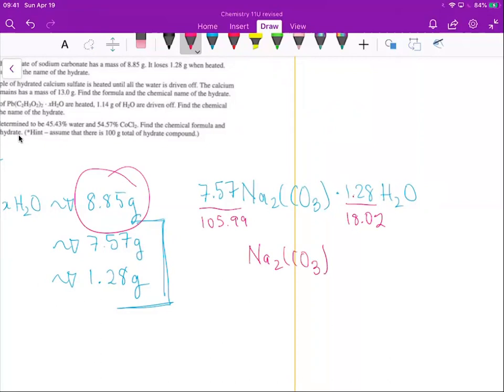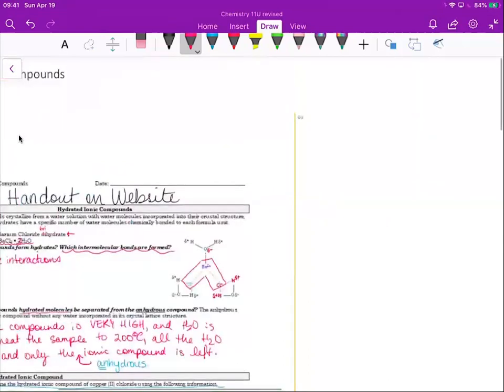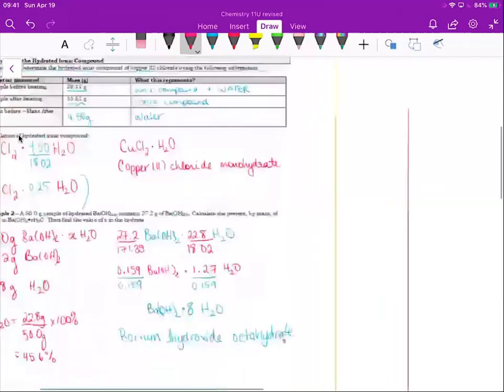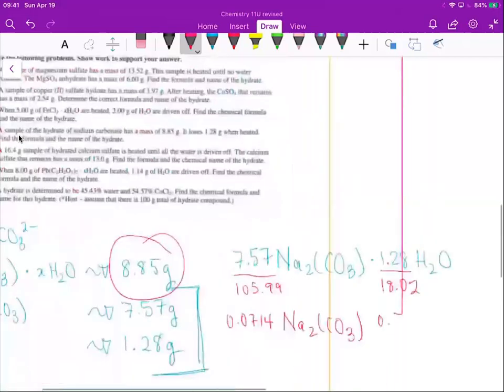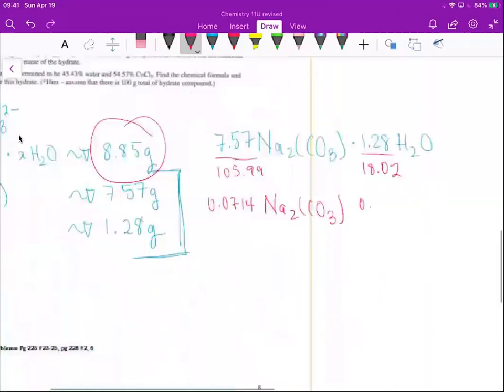And so I get a very tiny number for this. And that's okay. Look, it's a 1-to-1. So I know it's a 1-to-1 because they're exactly the same numbers. So I know that it's another monohydrate.